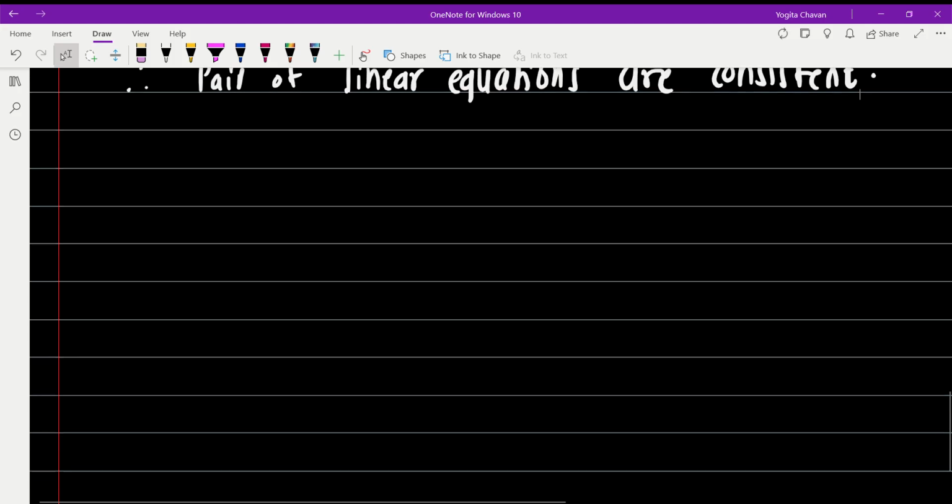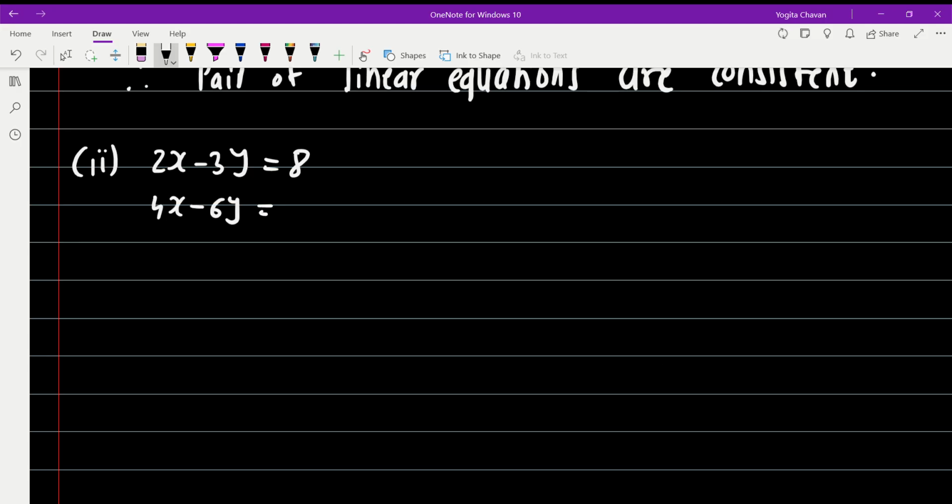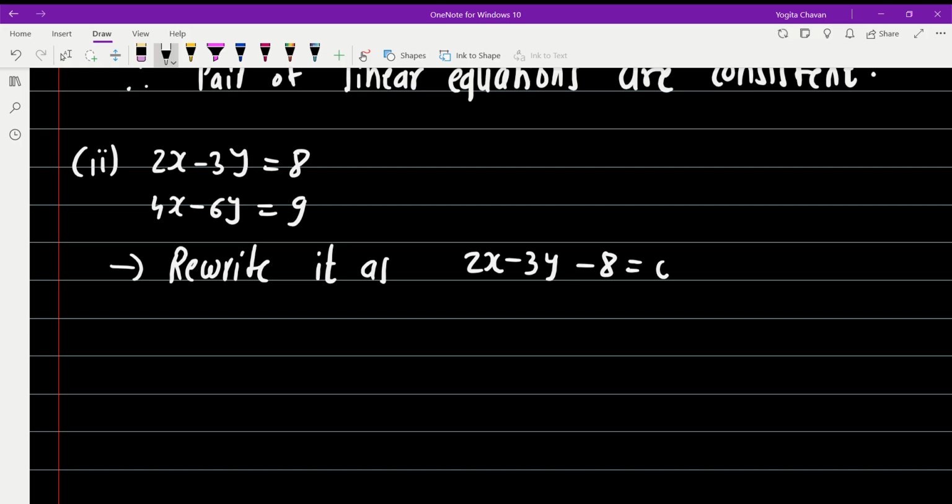नाउ नंबर 2, second pair of equation. It is 2x minus 3y is equal to 8, 4x minus 6y is equal to 9. Now rewrite it as 2x minus 3y minus 8 is equal to 0, and 4x minus 6y minus 9 equal to 0.